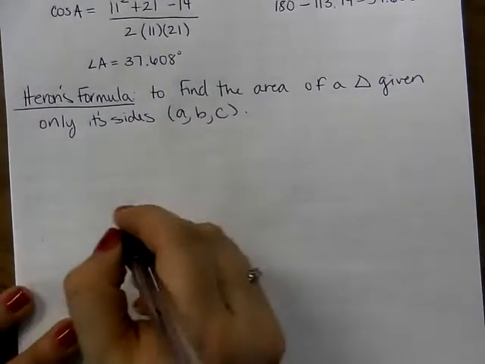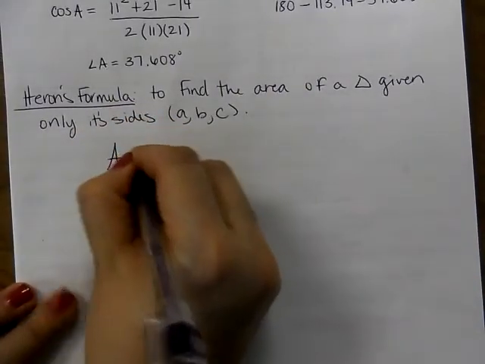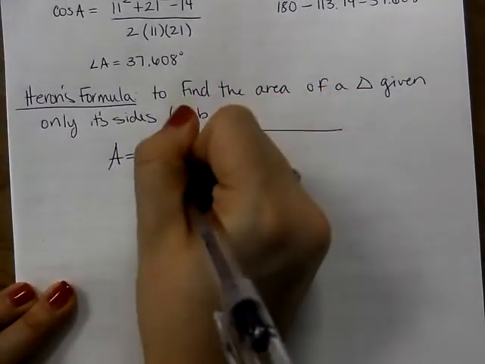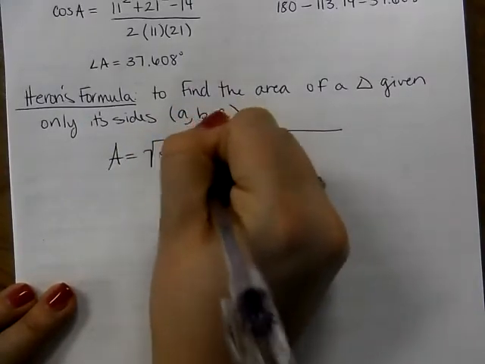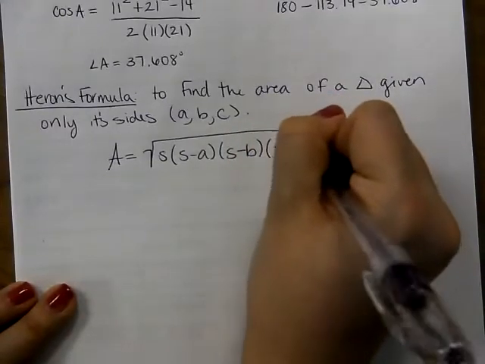Well, actually, you need the formula first, right? Okay, so this is what it looks like. Area equals the square root of S times S minus A times S minus B times S minus C.